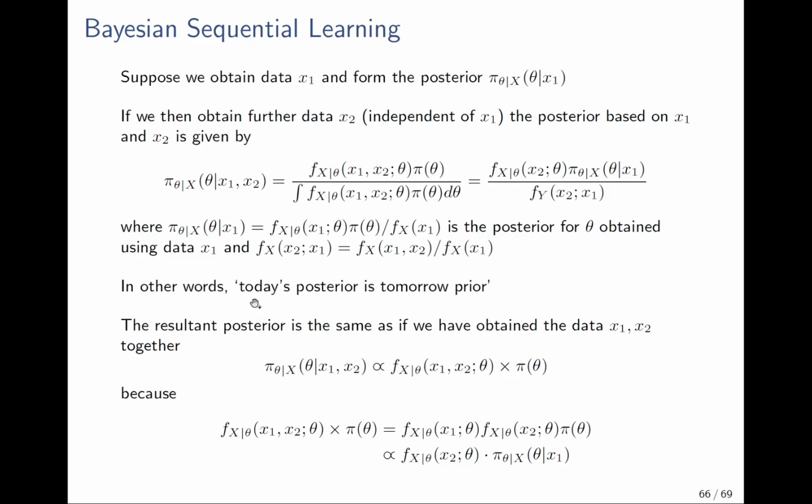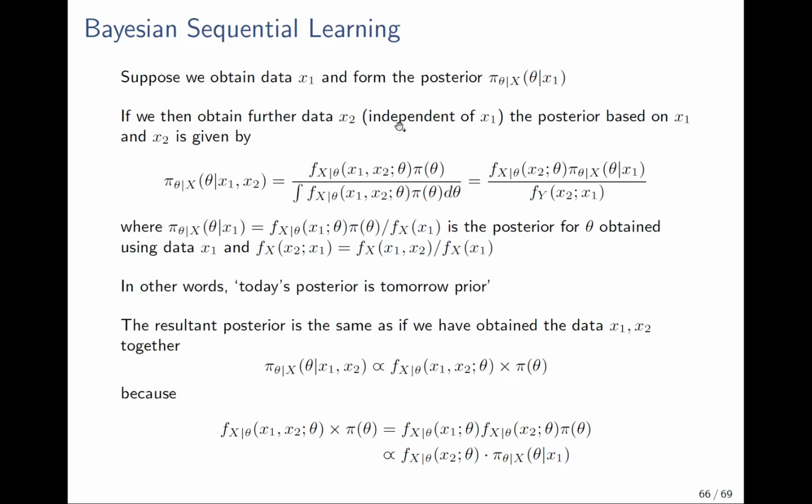And that's important because what it means is that we don't need actually to analyse the data together. We can use yesterday's posterior as tomorrow's prior, and the resulting posterior we get is the same as if we'd obtained the data together, even though we didn't. So we can update our inference on theta using yesterday's posterior as today's prior when new data becomes available. And that's a very important property of Bayesian inference.